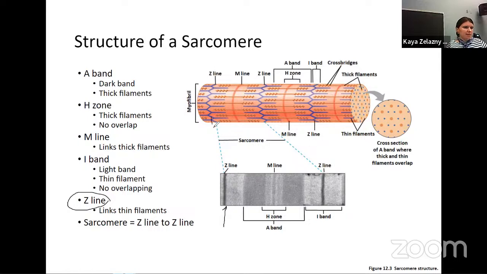So we're looking for where we have just the thin filament. And that forms our I band, where we have this pale area. The reason it's called an I band is if you take this region on one sarcomere where there's no overlap and go all the way into the next one to its region where there's no overlap, you'll have that Z line in between. So you can think of this as looking like an I. That's why this is our I band.